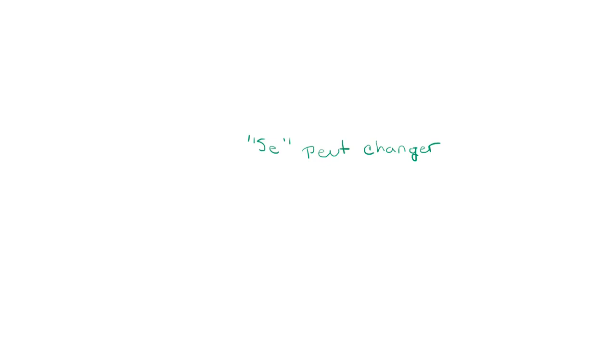If you recall what a subject pronoun is, in English that's just like I, you, he, she, all that: je, tu, il, elle, on, nous, vous, ils, elles, all this stuff. So basically, se is going to change depending on what the subject is. If you're using je, it's going to be me. If you're using tu, it's going to be te.